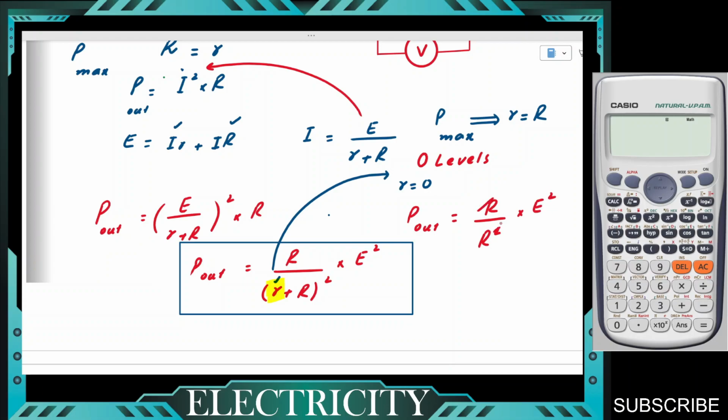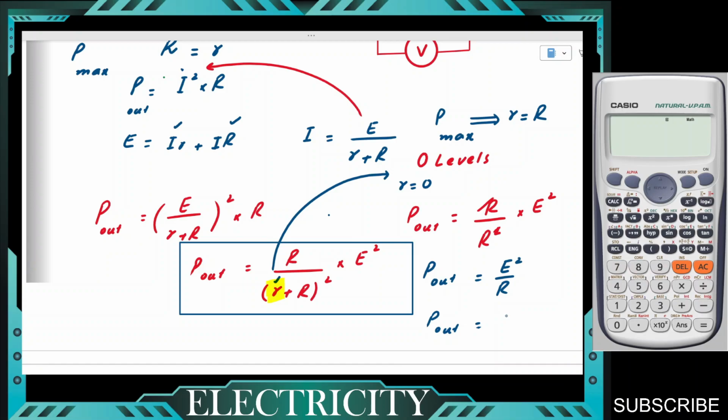One of the exponents would be cancelled out, and you will be left with output power equals E squared divided by R.